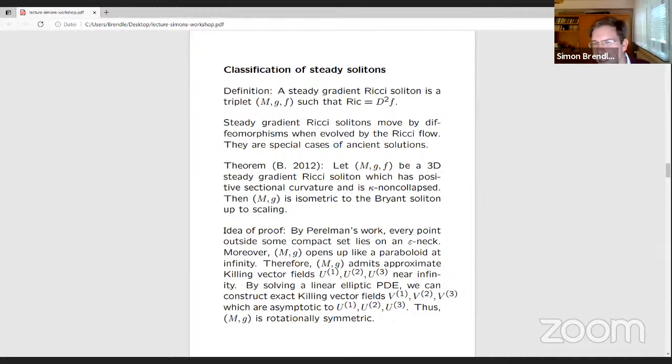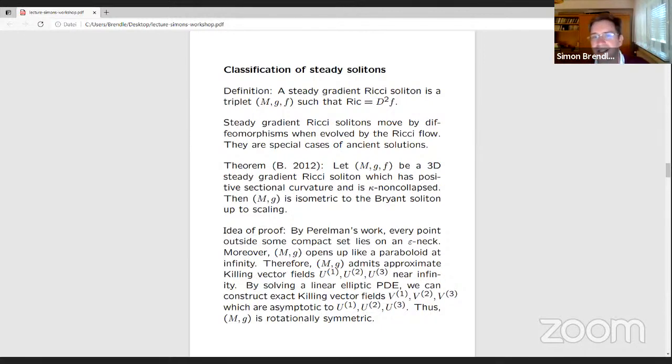In a way, it's quite a bit simpler, but some of the main ideas are the same, and so it helps illustrate the idea. And there's a second reason: a classification of solitons is needed to prove the general case. So basically, to prove the general case, I need A, to know the classification of solitons, and B, to know the classification of rotationally symmetric ancient solutions.